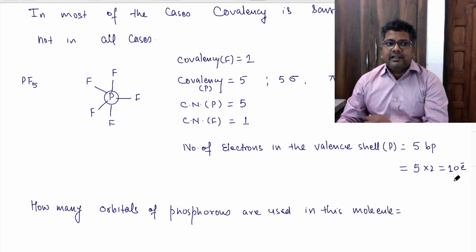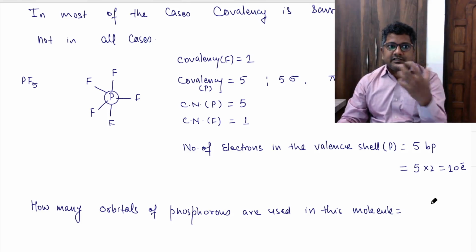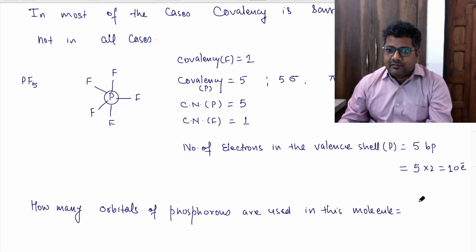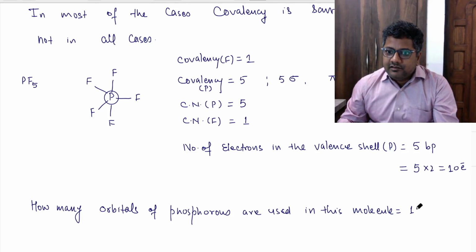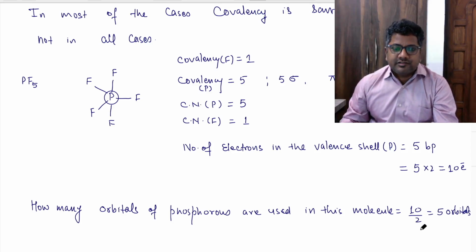So total 10 electrons. 10 electrons means how many orbitals? 5 orbitals. So 10 by 2 is equal to 5 orbitals, because one orbital can have 2 electrons, right?